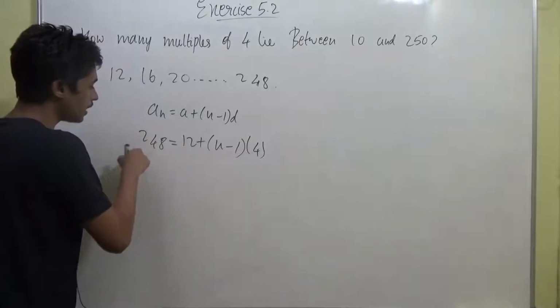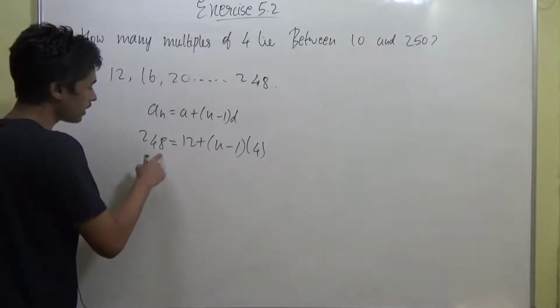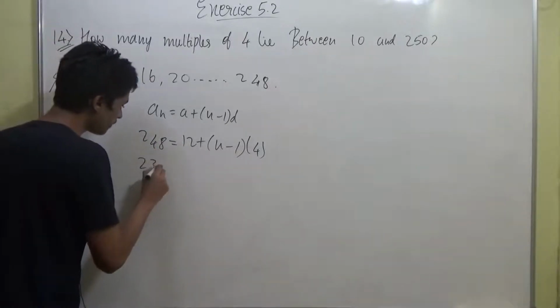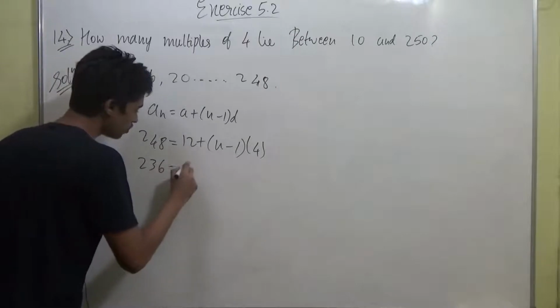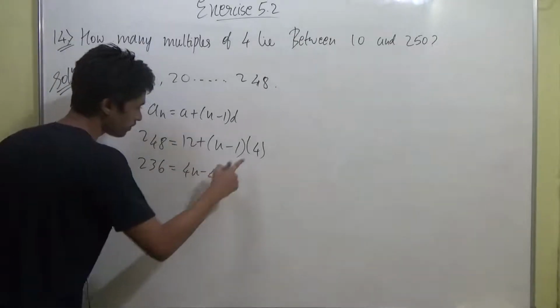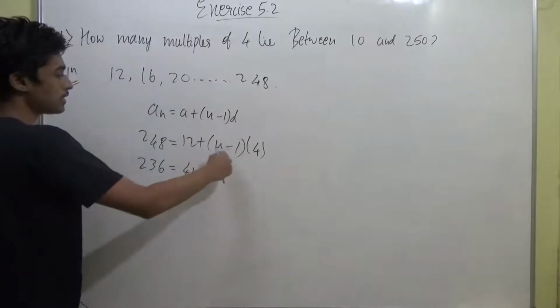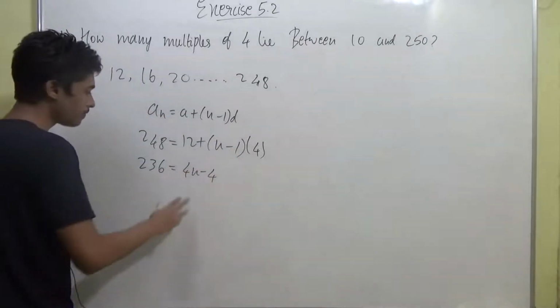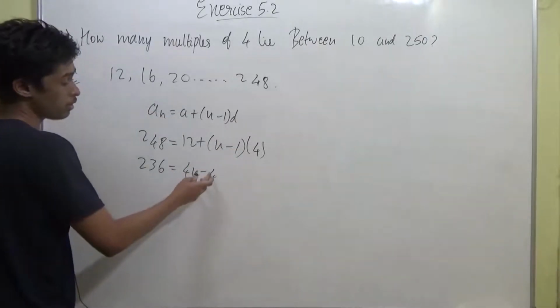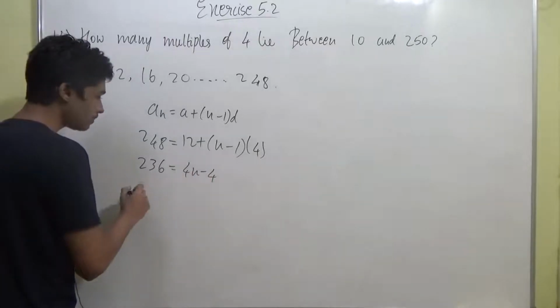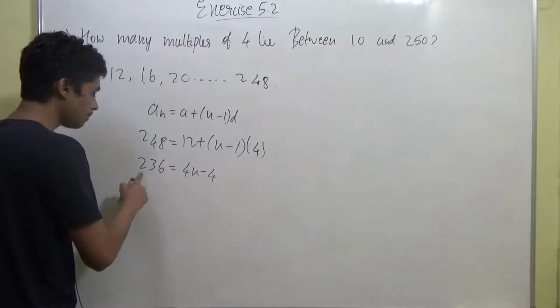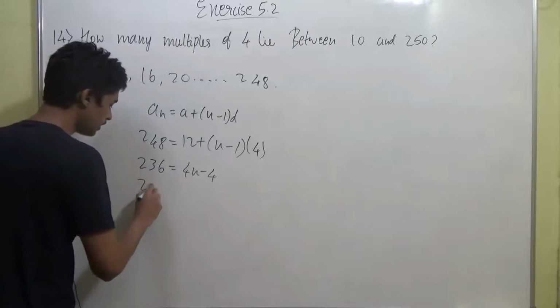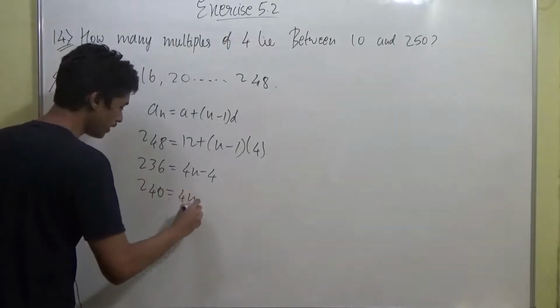Let's bring this 12 to the LHS. Then it becomes 248 minus 12, which is 236, equal to 4n minus 4. I just opened the bracket, so it becomes 4n minus 4. Now I'll bring this minus 4 to the LHS, and it becomes plus 4. So 236 plus 4 is 240, equal to 4n.